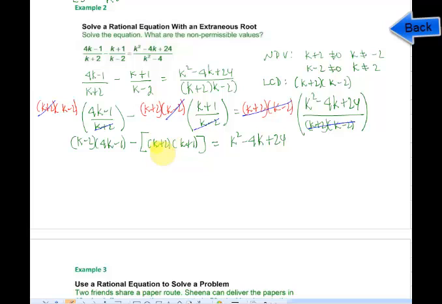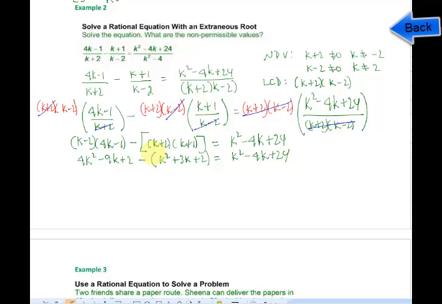Okay, so we're going to FOIL on the left. We're going to get 4k squared minus 9k plus 2 minus, in brackets, k squared plus 3k plus 2, is equal to k squared minus 4k plus 24.